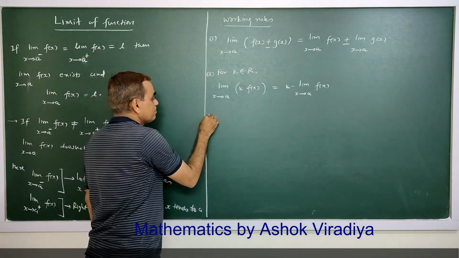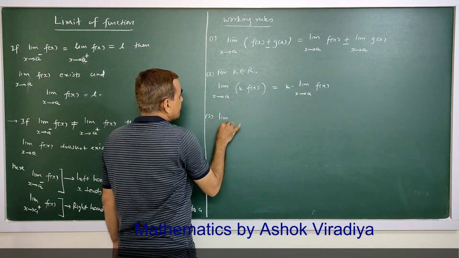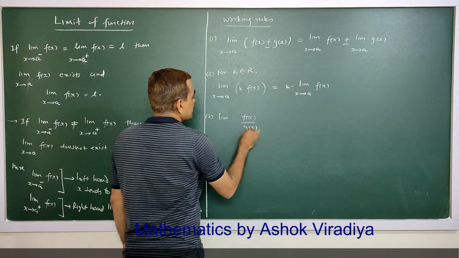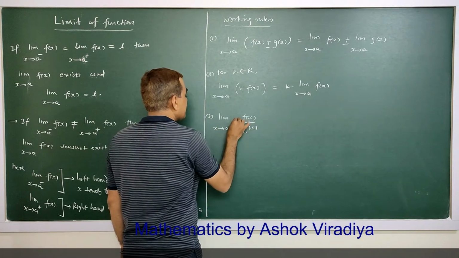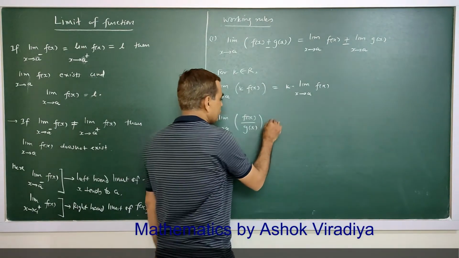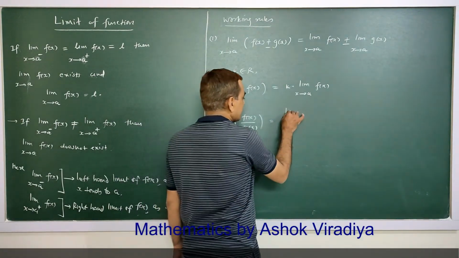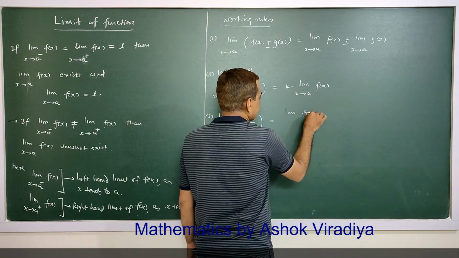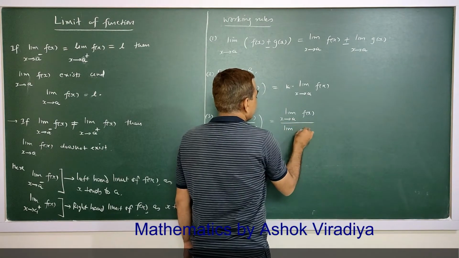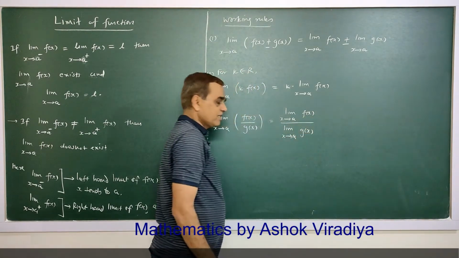Third rule, the limit of f(x) upon g(x) as x tends to a is equal to the limit of f(x) as x tends to a upon the limit of g(x) as x tends to a.